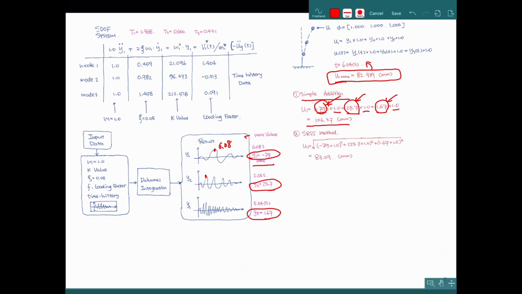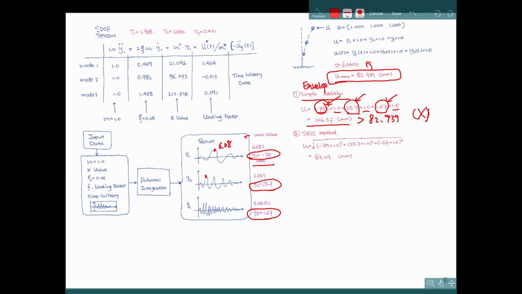But with the simple addition method, also called the simplified maximum envelope of each mode, we compute the maximum value as 106 millimeters. It is always larger than the exact value, and this is the tolerance of the calculation method. So we usually don't use this method.